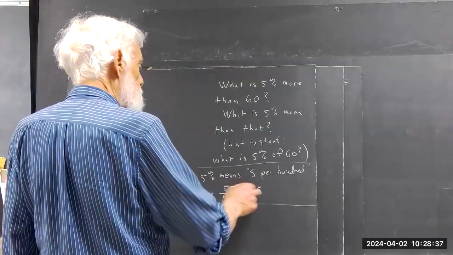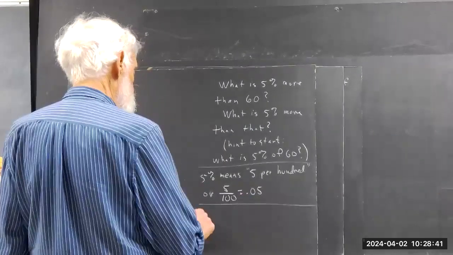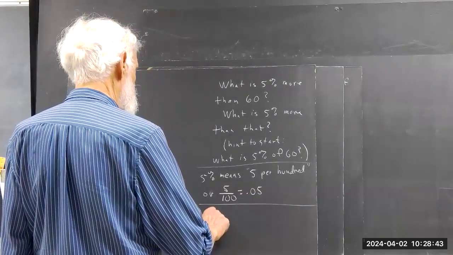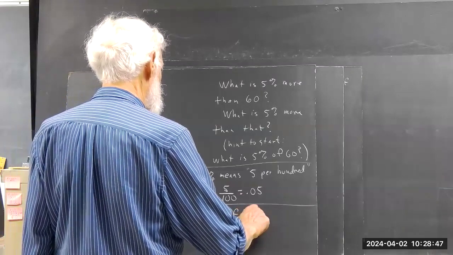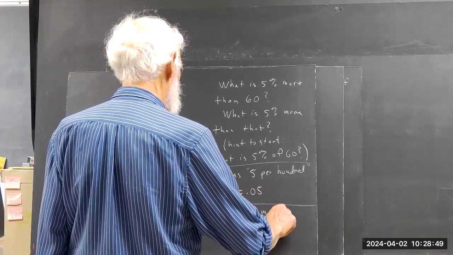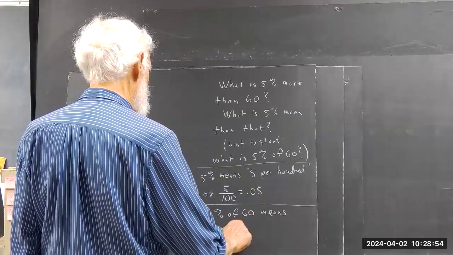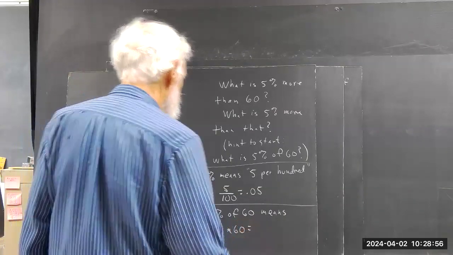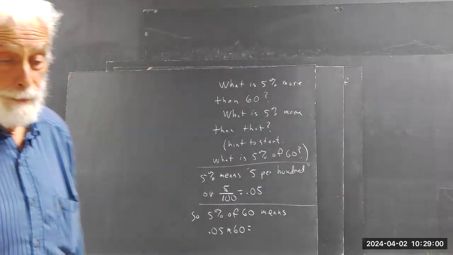Okay, 5% means 5 per 100, or 5 over 100, is 0.05. Five percent of 60 means 0.05 times 60.